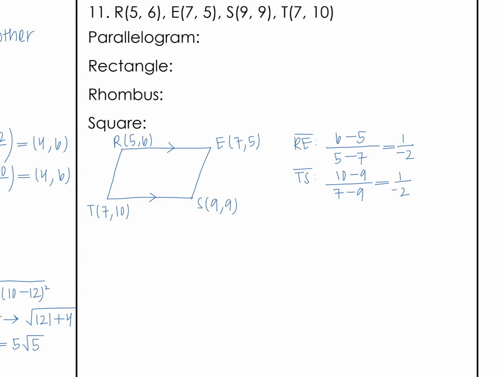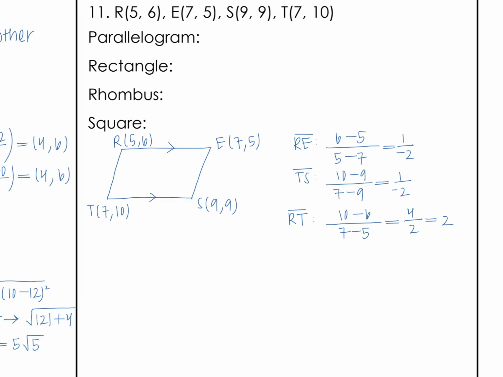Now let's check the other pair. So we have RT. So 10 minus 6, and then 7 minus 5. We're going to get 4 over 2, which will just reduce to 2.